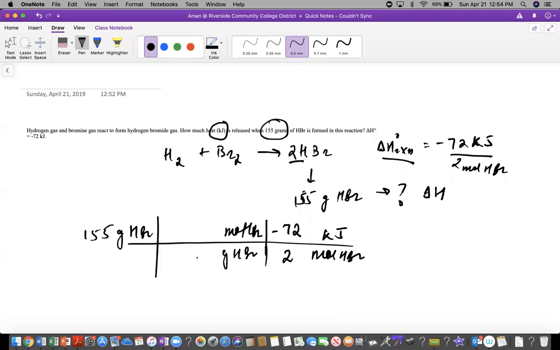And then we gotta put numbers here, moles to grams. So 1 mole of HBr is, you gotta find the molar mass of HBr. How much is the molar mass of HBr?